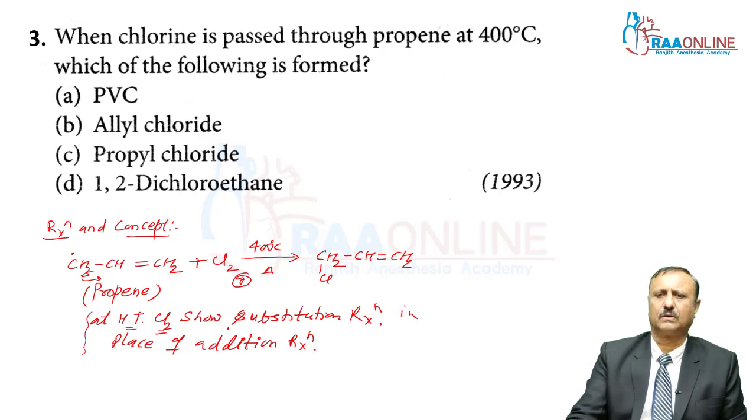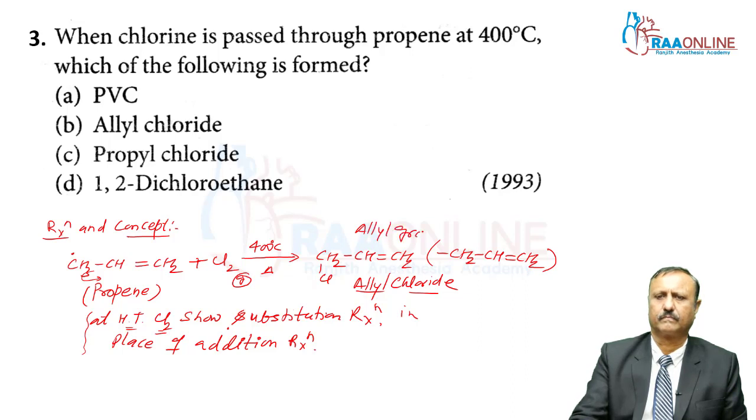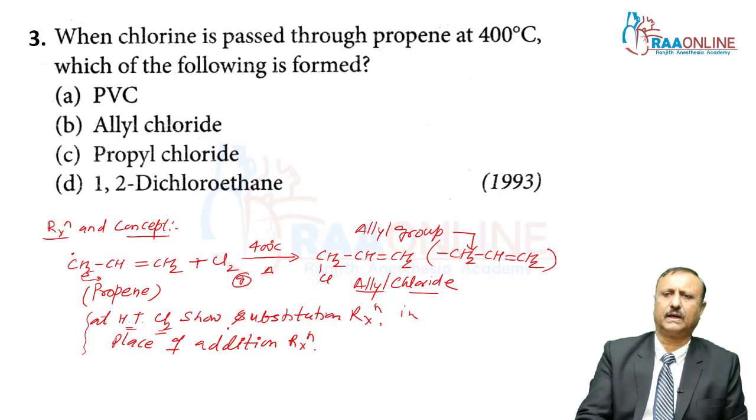It is called allyl chloride, because the group CH2-CH=CH2 is called the allyl group. So you can see this is called allyl chloride.